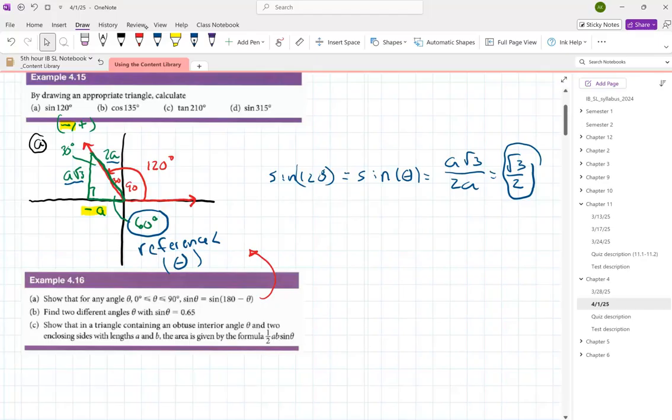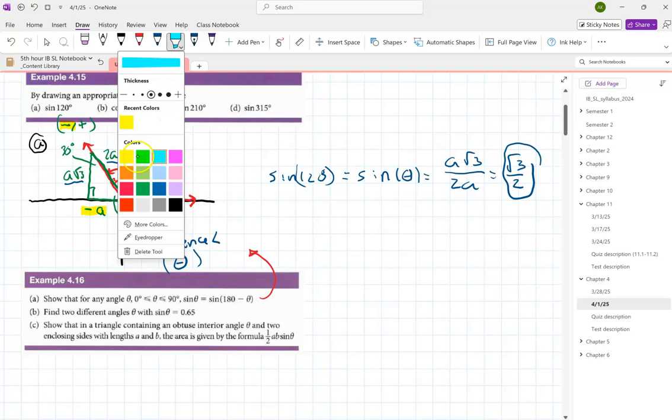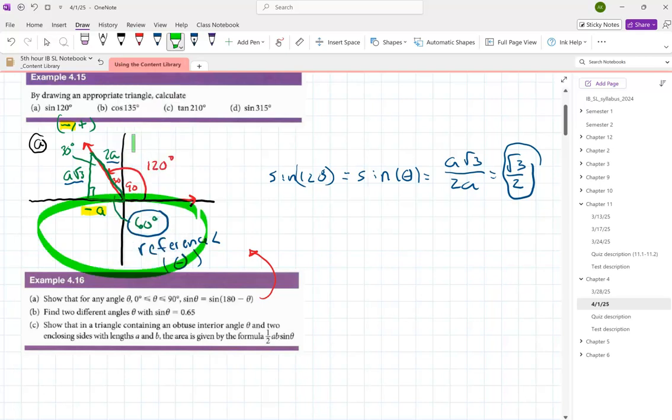Well, let's just say, where does it fail? Could I say the same thing if I did sine of theta equals sine of 360 minus theta? Does it work for things in the lower half of the xy axis? Like if my reference triangle was down here, will that be true? No. Why not?